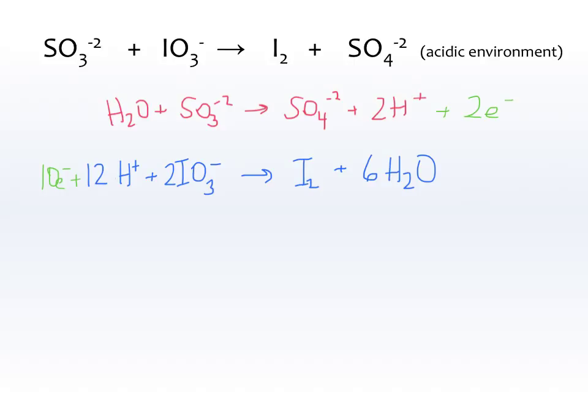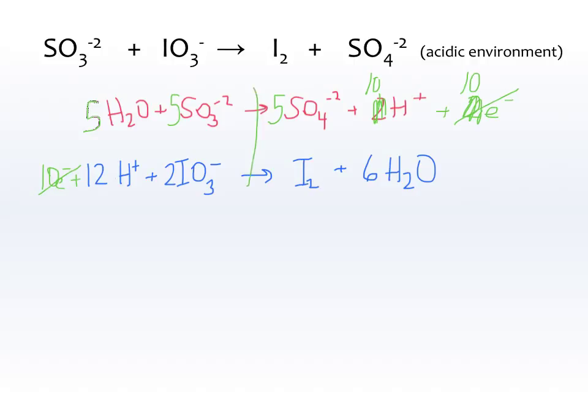That should be 5 waters, 5 SO3s, 5 SO4s, 10 H pluses, and 10 e minuses. Now I've got my electrons canceling. Now I can add the 2 half reactions together.